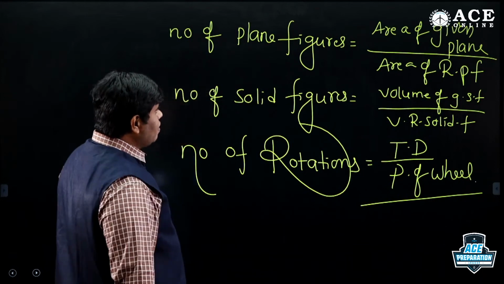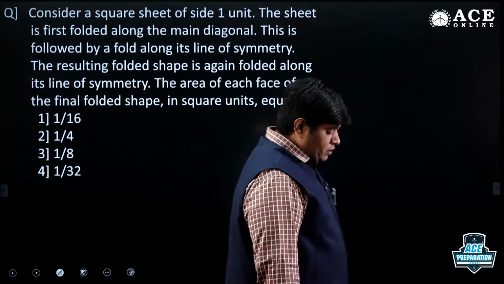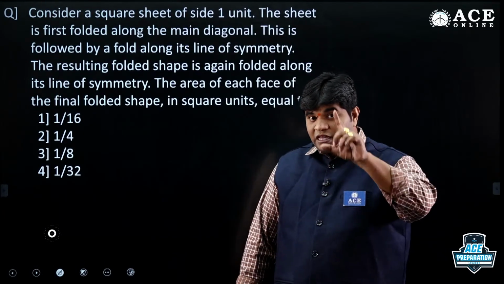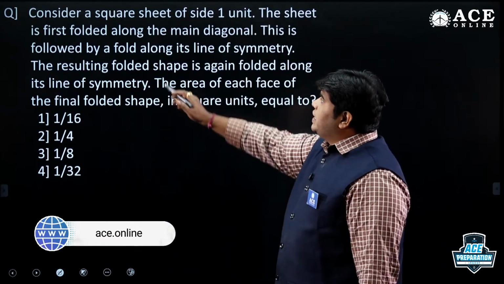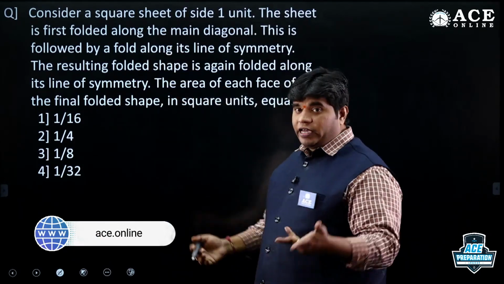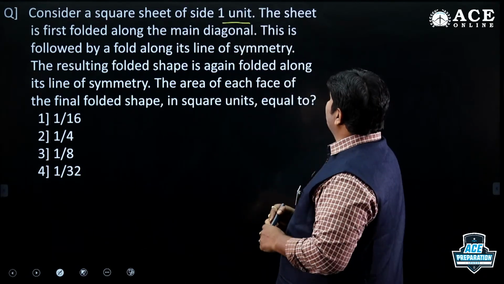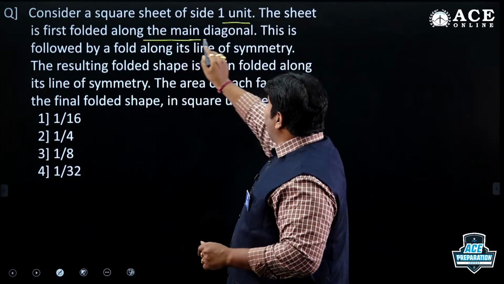Observe this one. Every question, one type of model. Okay, you can remember that model only. Okay, not a number. You can observe, friends. Consider a square sheet. Okay, we are considering one square sheet of the side 1 unit. The sheet is first folded along the main diagonal.